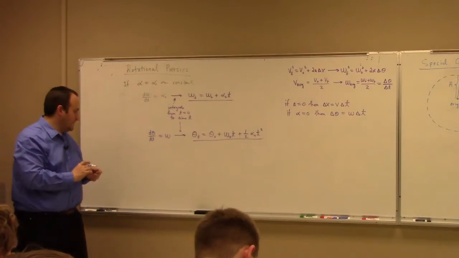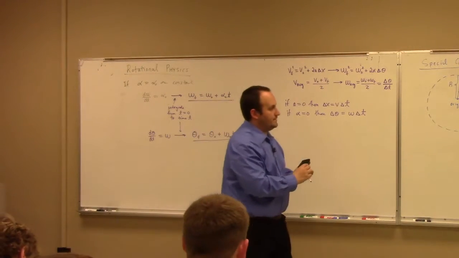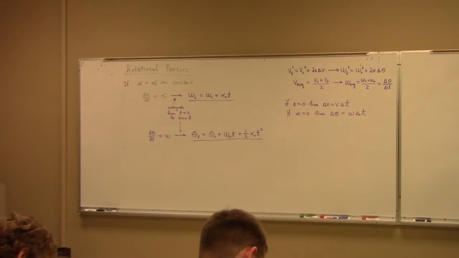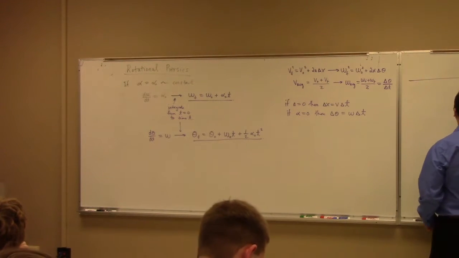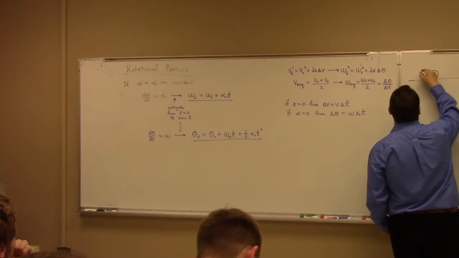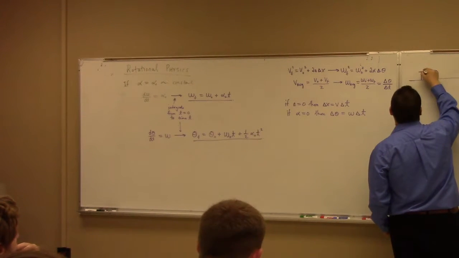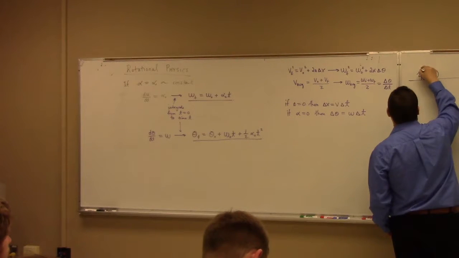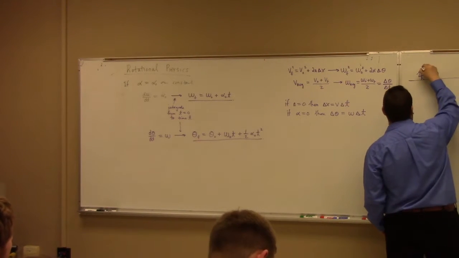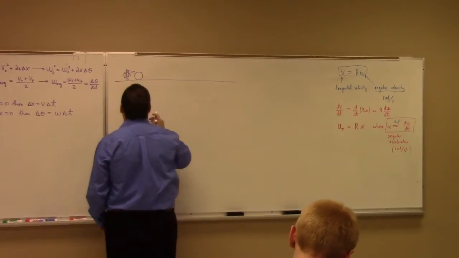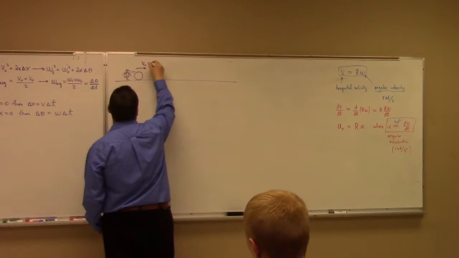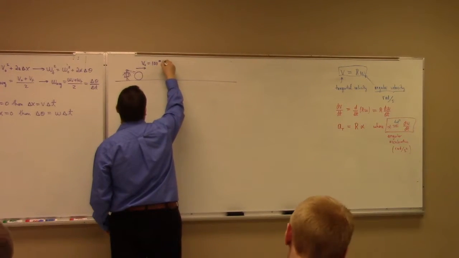All right, let's work an example, okay? Superman shoots his laser eyes at this wheel, and it gives it initial velocity v naught equals, let's say, 100 meters per second.